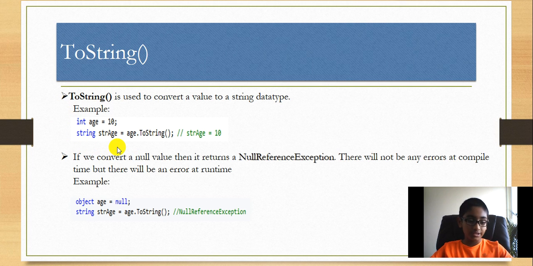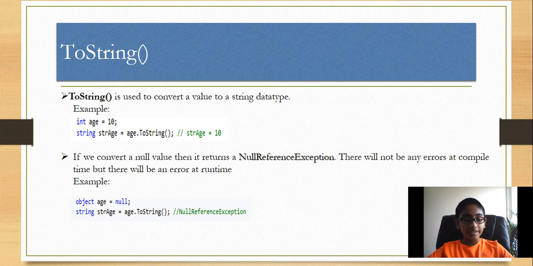Then I'm declaring a string and typing age.ToString(); So the value of string age is 10, and it has successfully been converted.